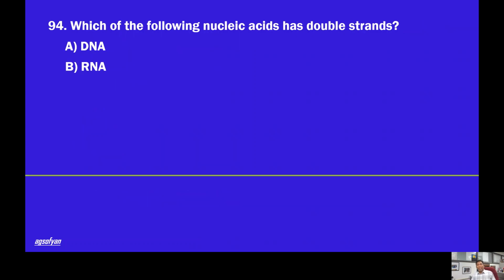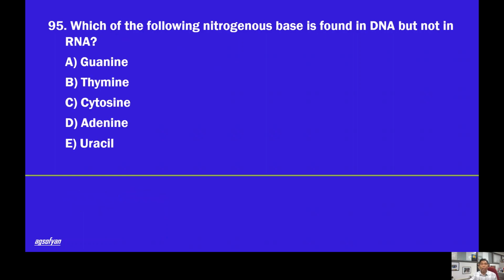Which of the following nucleic acids has double strands, DNA or RNA? Double strand is DNA, so DNA has double strand. Which of the following nitrogenous bases is found in the DNA but not in RNA? Guanine, thymine, cytosine, adenine, or uracil?